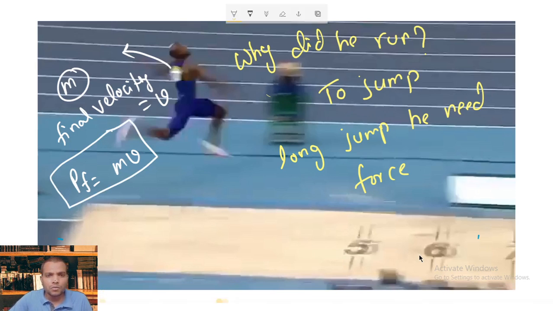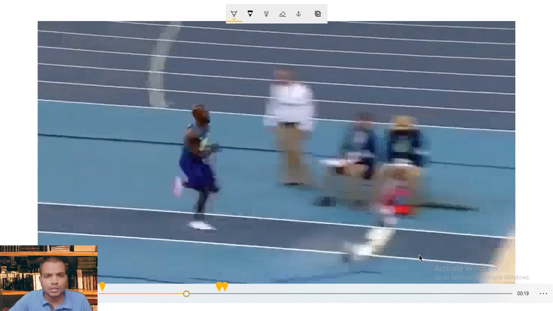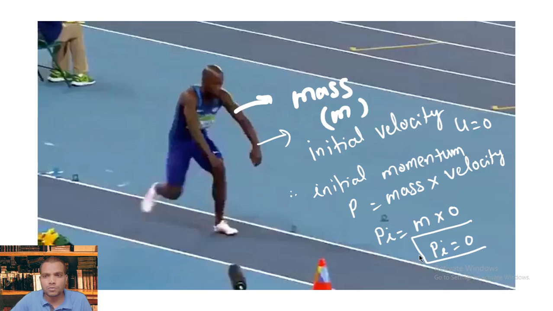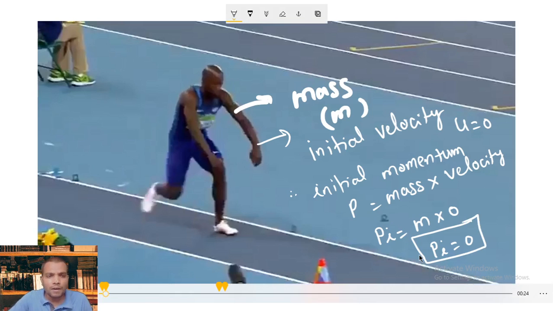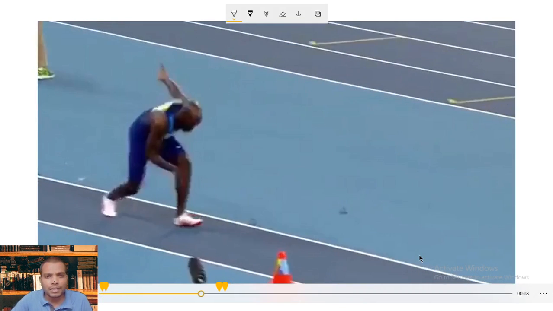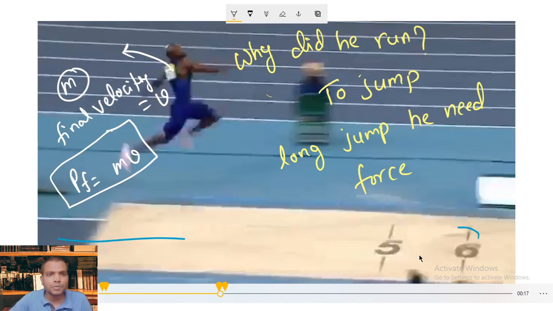So here we have two momentums. One is the initial momentum, which is equal to 0, and after taking a certain run and making a jump, he had certain momentum.